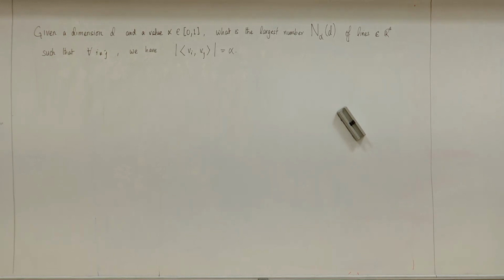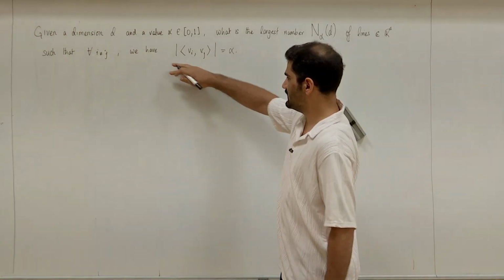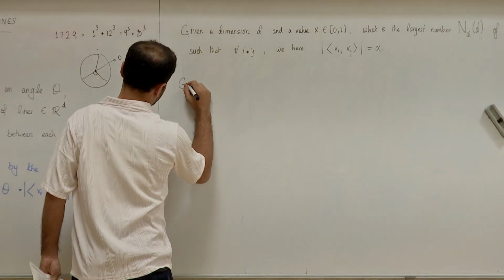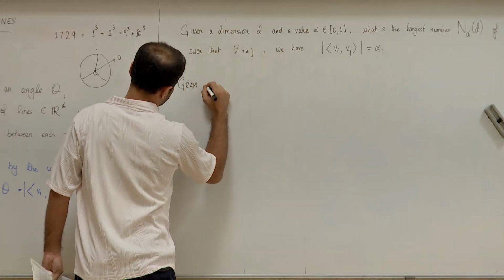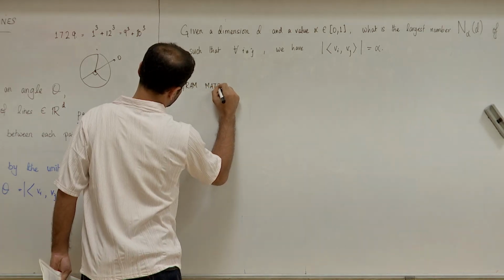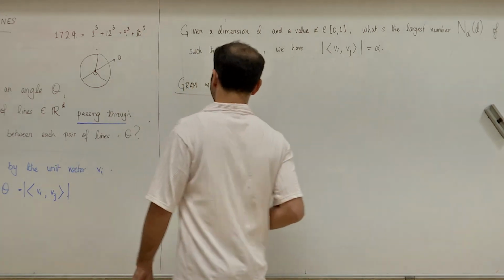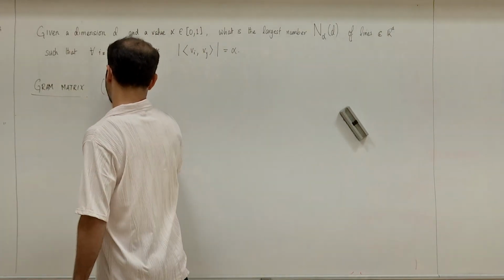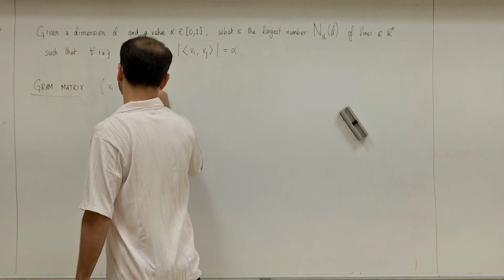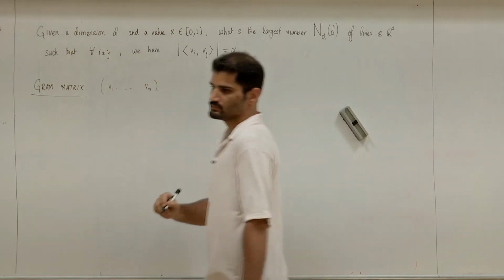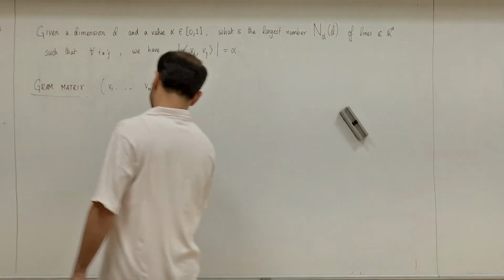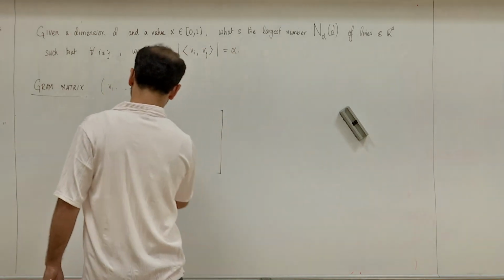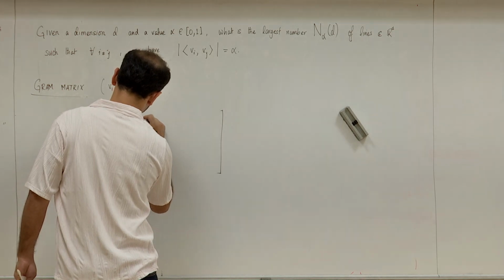Now, as Akash said, this interpretation is what leads to the Gram matrix. The Gram matrix is defined by a set of vectors. So here our vectors are v_1 to, let's say, v_n, and the ij-th entry in this matrix is just v_i inner product with v_j.